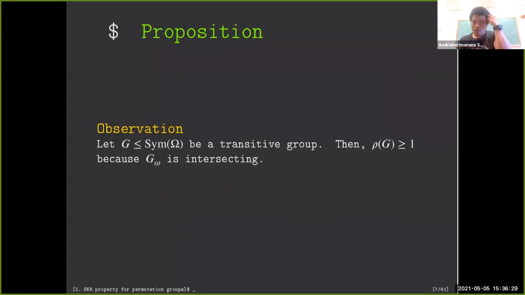Just a quick observation: the intersection density of a transitive group is always at least 1. This is because a point stabilizer is intersecting, and when the group is transitive, a point stabilizer has intersection density exactly equal to 1.